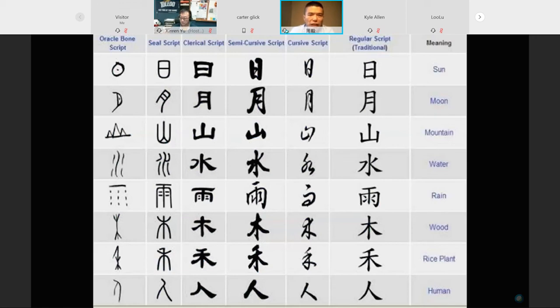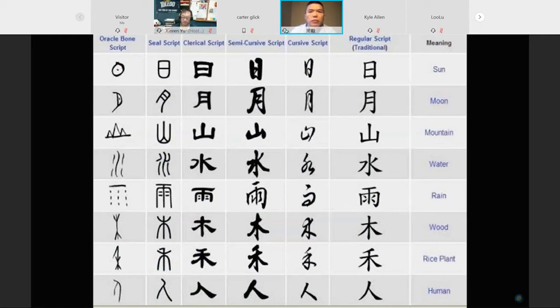From the very beginning, ancient China, from the first row, you can see the characters look like this, just like Lulu said, moon, sun, water. And the language evolves for 1,000 years. And it looks like the characters on the right side, regular script, different fonts.